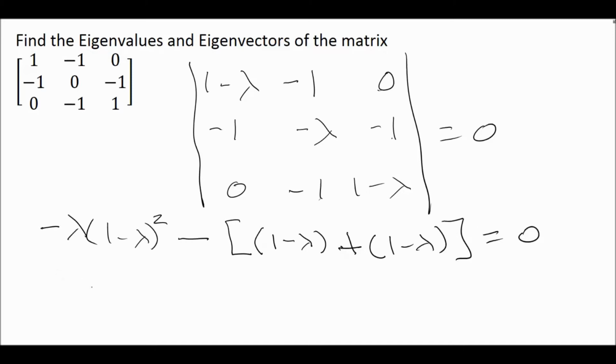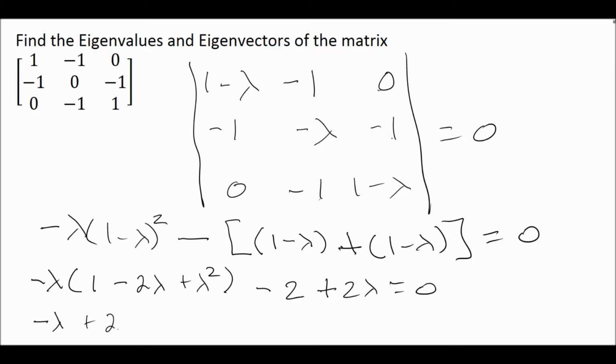When we expand this out, we get minus lambda times (1 minus 2 lambda plus lambda squared), and then we subtract 2, and then we have plus 2 lambda, and we set that equal to 0. Expanding this further, we get minus lambda plus 2 lambda squared minus lambda cubed minus 2 plus 2 lambda, set equal to 0.